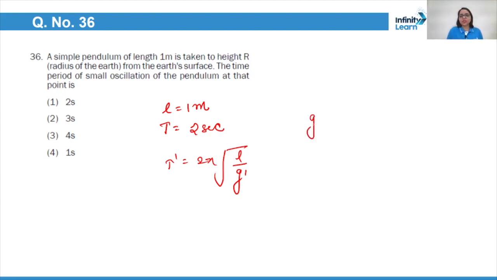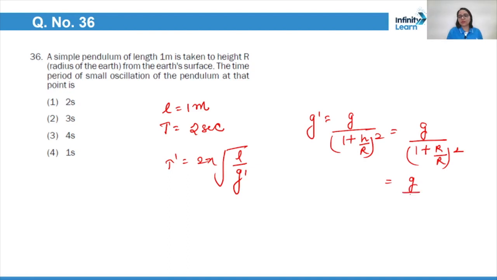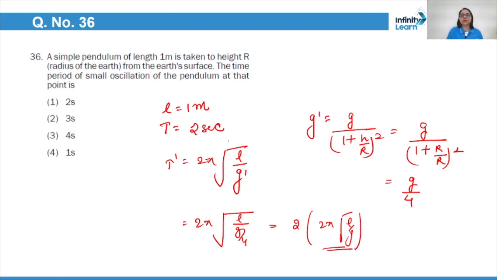So the new g, g dash, is g upon (1 plus h by r) whole square. So it is g upon (1 plus r divided by r) whole square, so it is g by 4, right? So it will be 2 pi under root L upon g by 4, which is equal to 2 times 2 pi under root L upon g. But the value of this is equal to 2 seconds on the surface of the earth, right? So it is 2 into 2, that is equal to 4 seconds. So the correct answer is option 3.